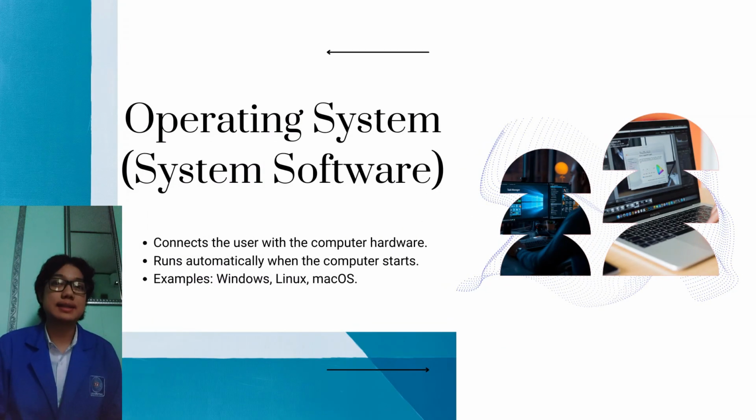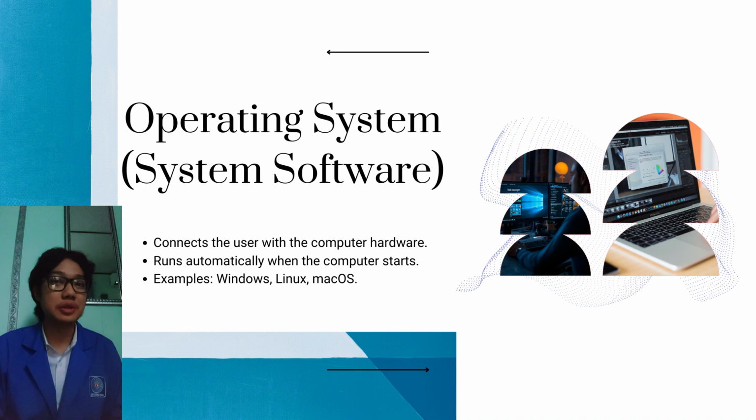Next, the operating system or OS is one of the most important types of software. It runs automatically when the computer starts. The OS connects the user and the hardware.